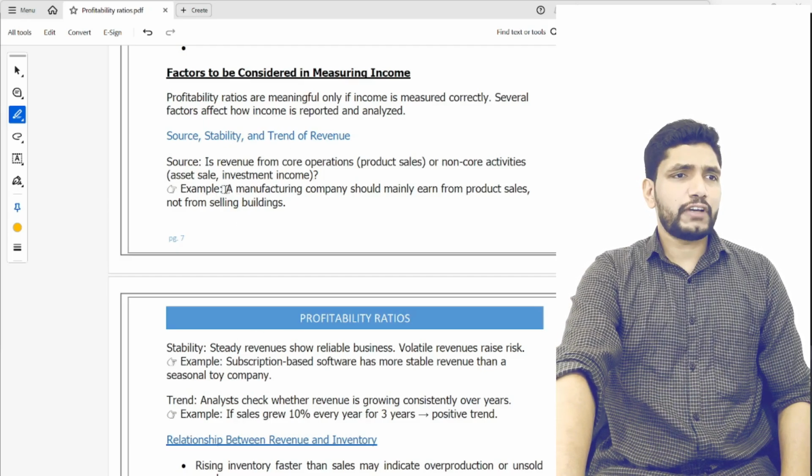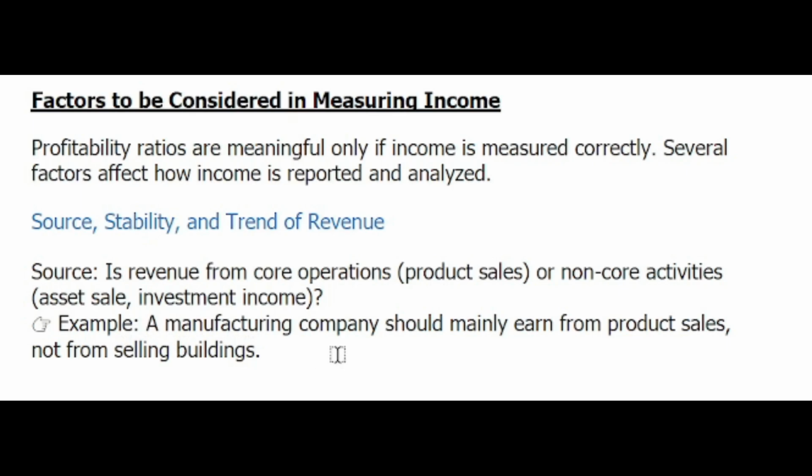For example, a manufacturing company should earn revenue from its product sales, not from selling a building or any other assets. This is not the core business activity of that business.